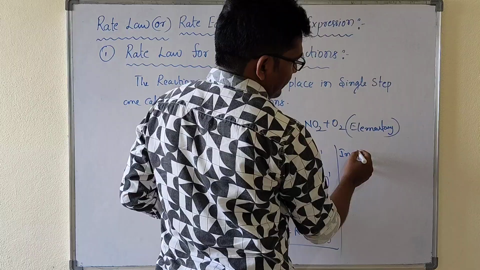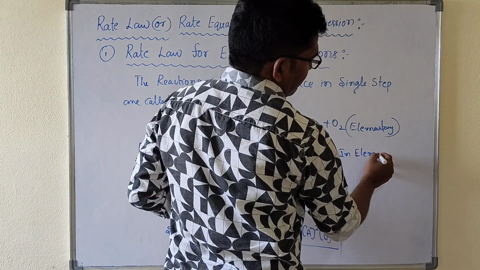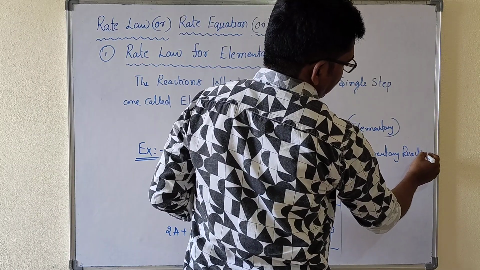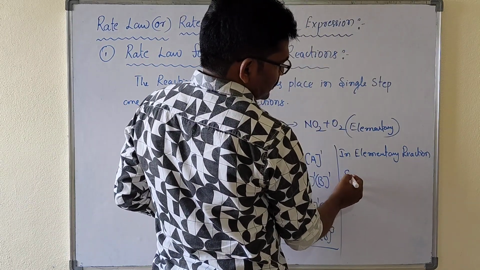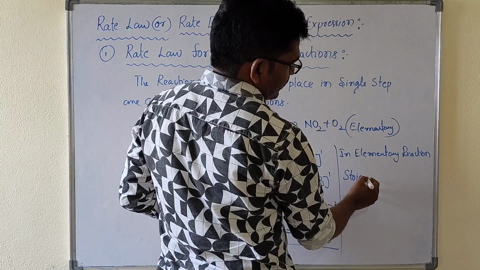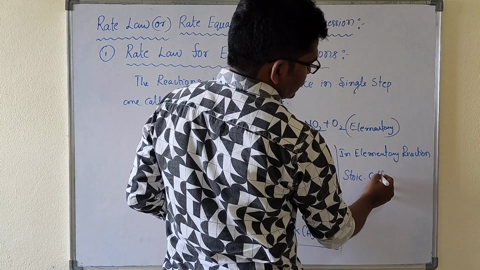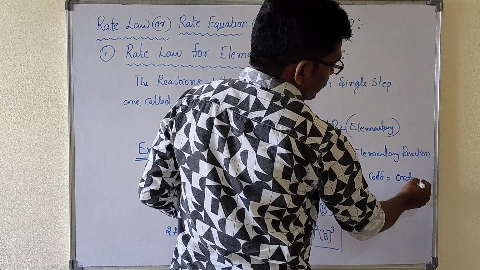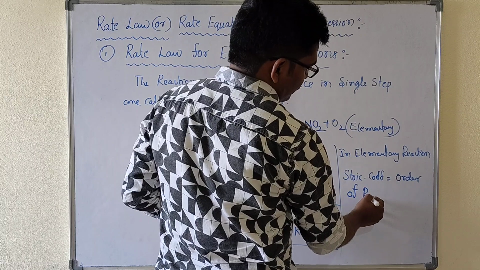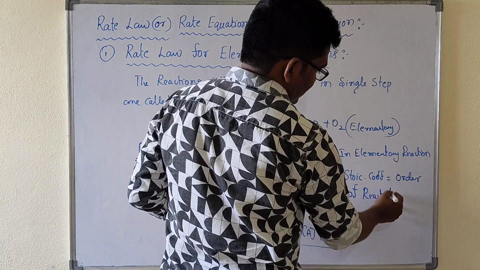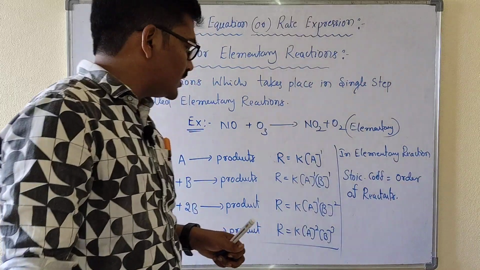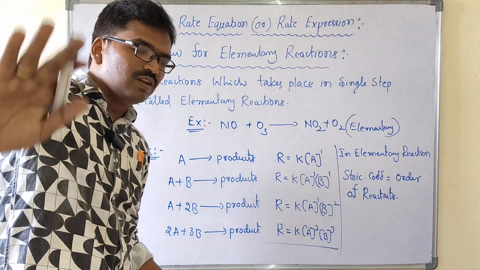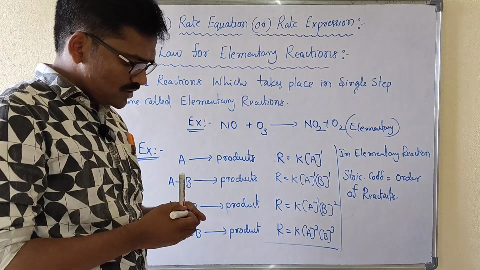In elementary reactions, stoichiometry coefficients equal the order of reactants, with respect to that particular stoichiometric coefficient. Clear, my dear students? Understand, all of you? So this is for elementary reactions.